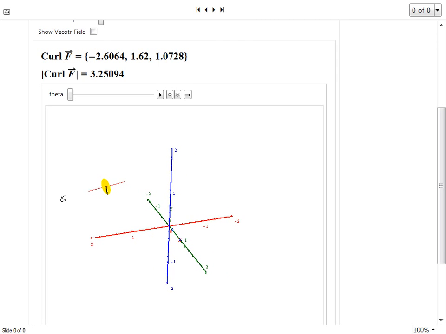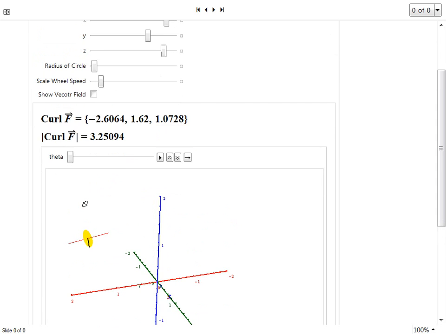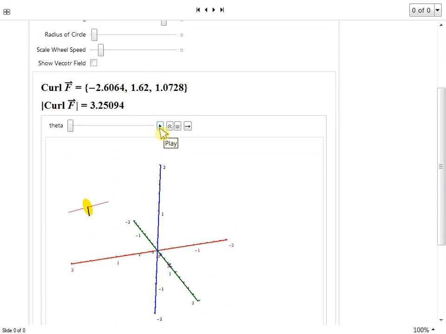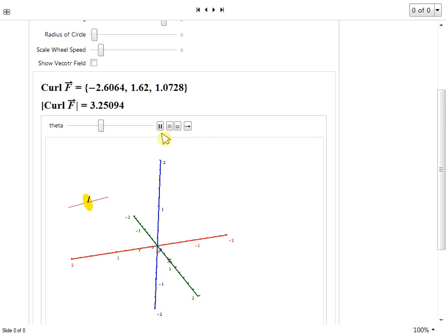So what I'm going to do now is start playing this. You see that disc? I have the black line on the disc so you can see it turning, right? So what's happening is I'm at this point and I'm headed in that direction, but if I was like a ball, there's wind all around me.